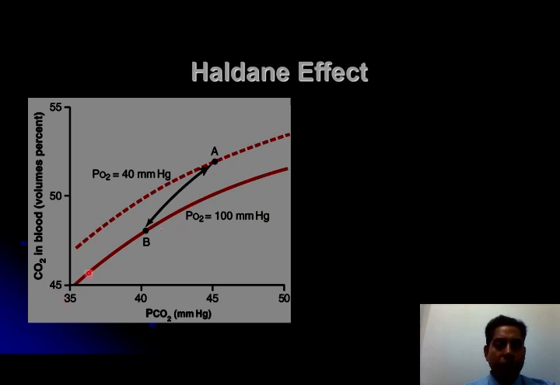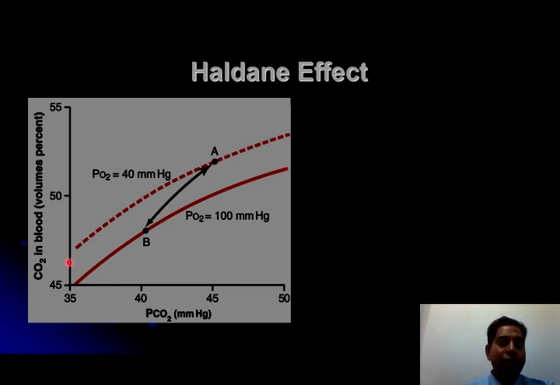If you concentrate only on this graph, you'll find that if there is any increase in the pCO2, this is the normal curve which follows, whereby the carbon dioxide in the blood increases with increase in the partial pressure of carbon dioxide.